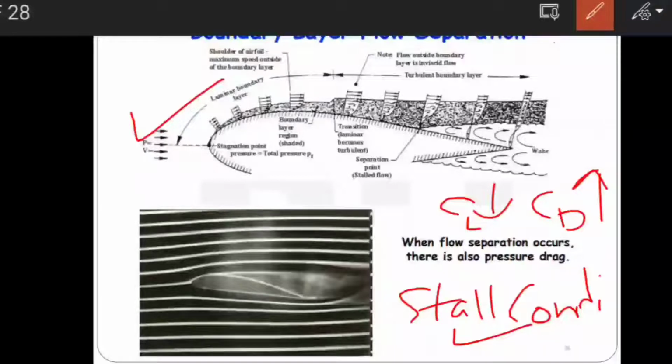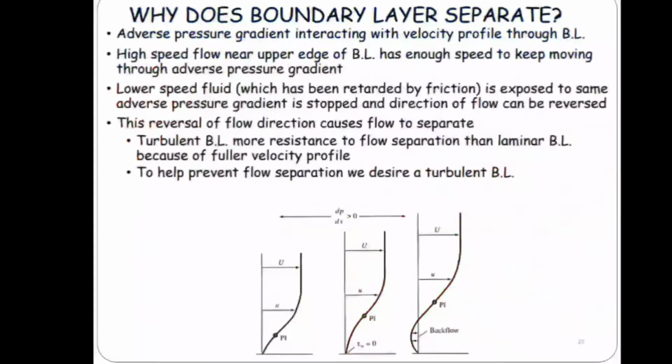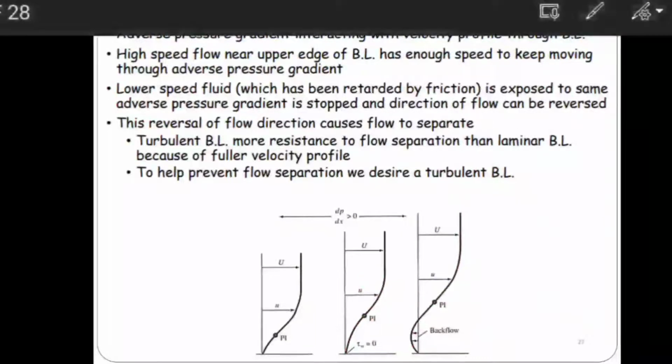So how does it occur, guys? It occurs because of boundary layer flow separation. Boundary layer flow separation is the phenomenon where the fluid particles of the flow stick to the surface of the airfoil. Let's understand why the boundary layer separates. An adverse pressure gradient interacts with the velocity profile through the boundary layer.